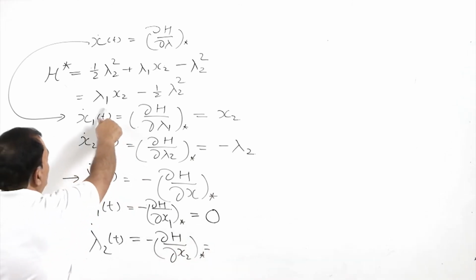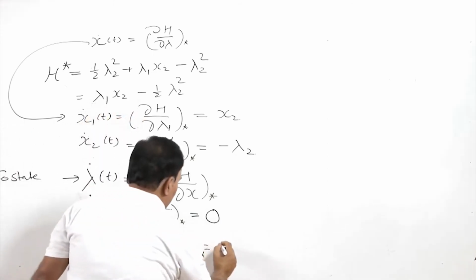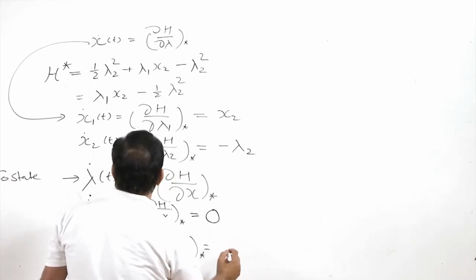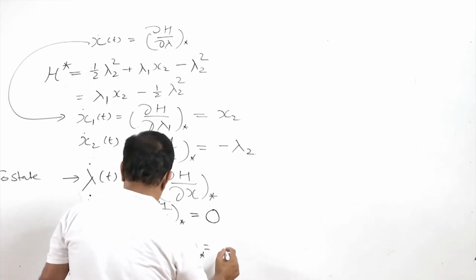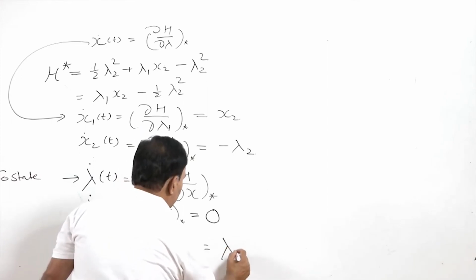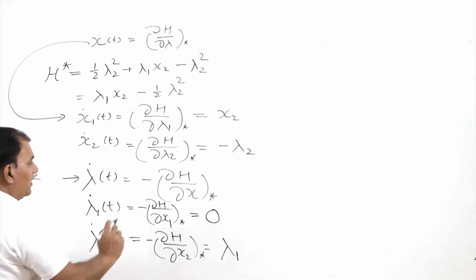With respect to x2 we are differentiating, so we have only lambda 1.